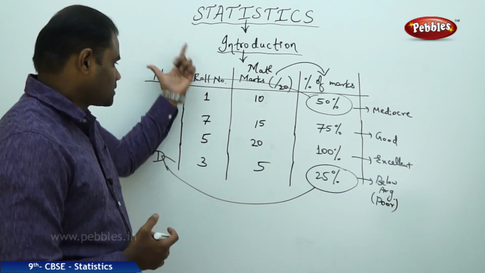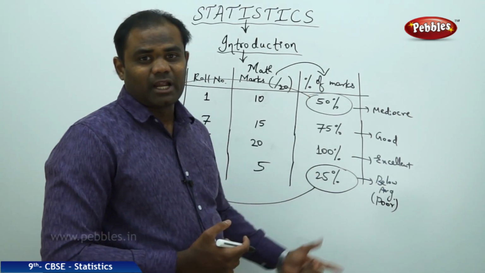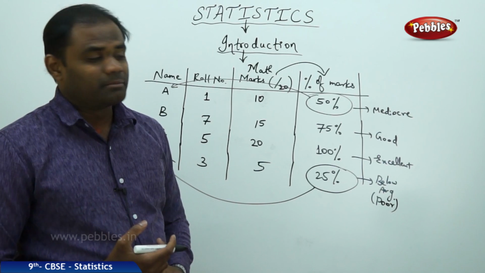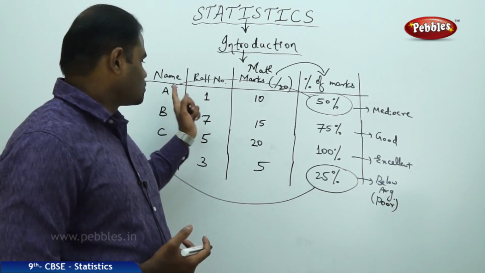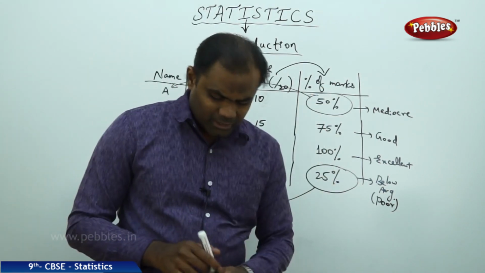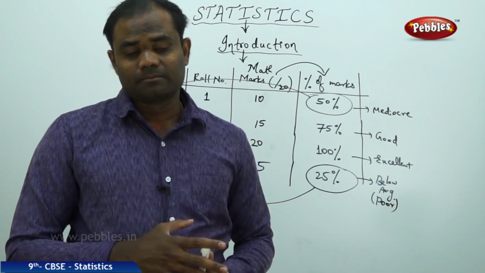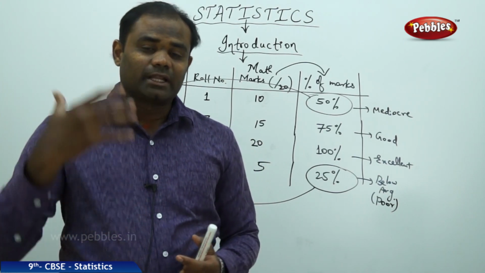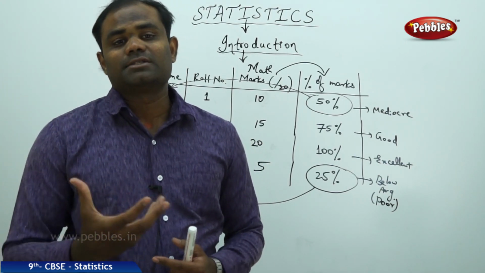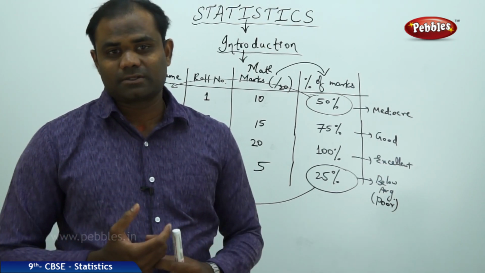The teacher here has analyzed the data of marks into the percentage and made some precautionary measures. Student D and student A are taken proper care of. So in mathematics, we have many real life situations which are converted to data, which are converted into analyzing the data and then understanding the real life situation through the data, which is called statistics.